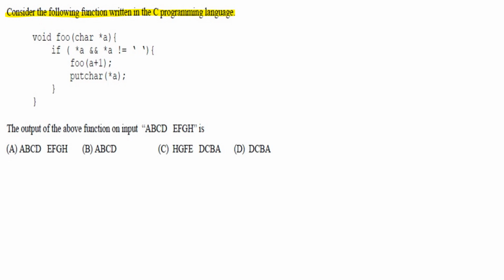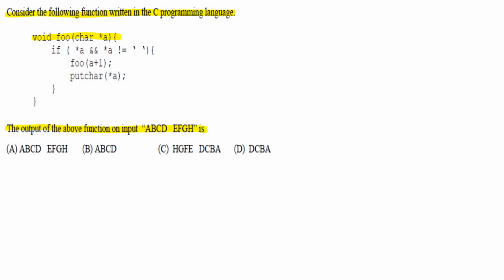So there is one function given over here, which is foo. We wish to know what is the output of that function on the input A, B, C, D, blank space, E, F, G, H. Okay.